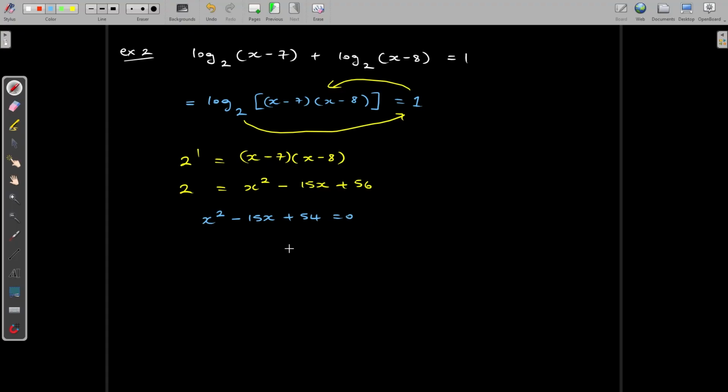Now we need to apply the AC method. We have negative 15 here. Two factors of 54 that will give us negative 15 when added are negative 9 and negative 6. So we have (x minus 9)(x minus 6) equal to 0.